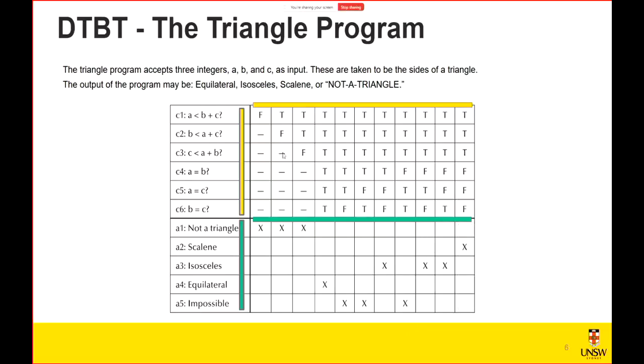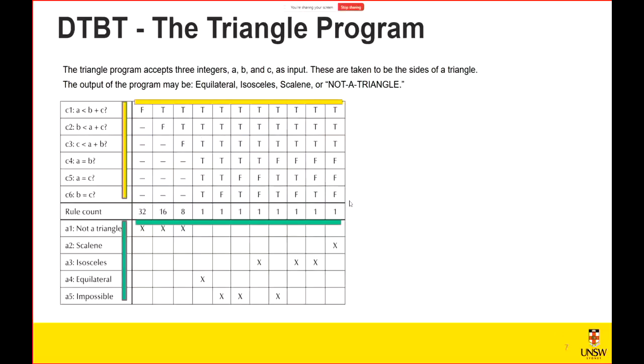So this is how we can build test cases systematically with a decision table. And this decision table is a limited entry decision table, because each of the conditions here can only be true or false.